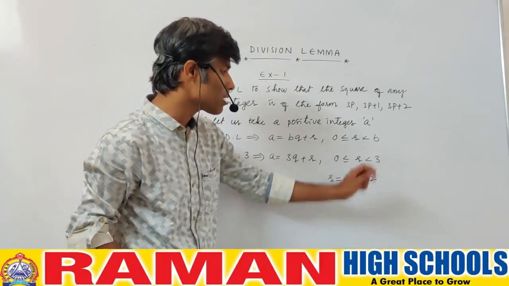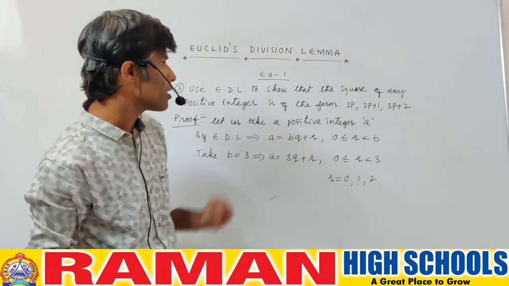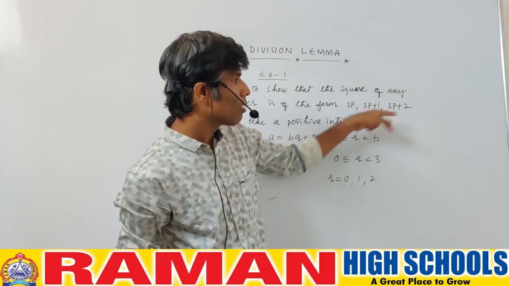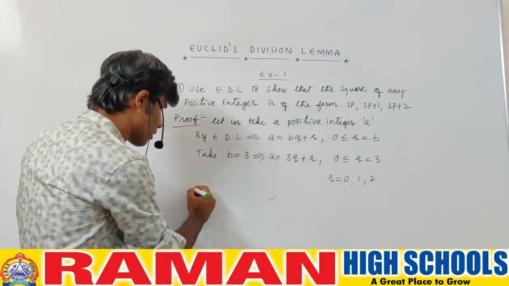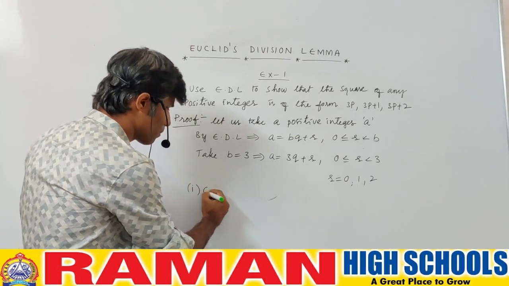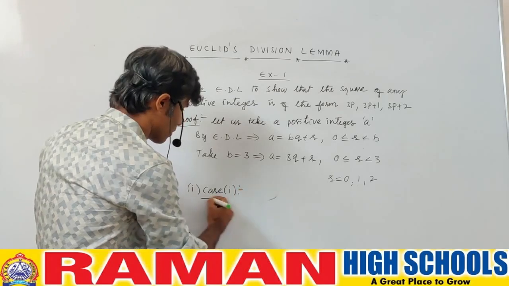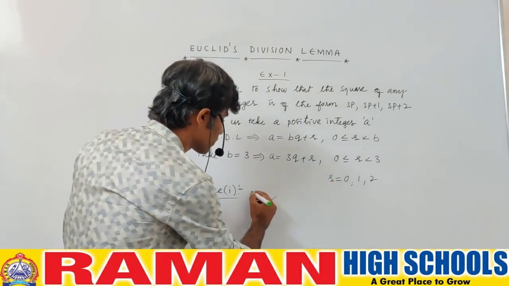In these 3 cases we are going to check whether the square of a positive integer will be of the form 3p, 3p plus 1 or 3p plus 2. Now let us take the first case, case 1. In case 1 we are going to take r equals to 0.